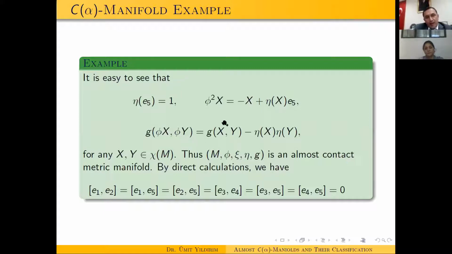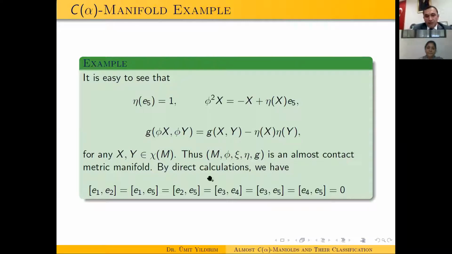Phi squared x equals minus x plus eta(x)e5. g(phi x, phi y) equals g(x, y) minus eta(x)eta(y) for any x, y in chi(M). Thus (M, phi, xi, eta, g) is an almost contact metric manifold.